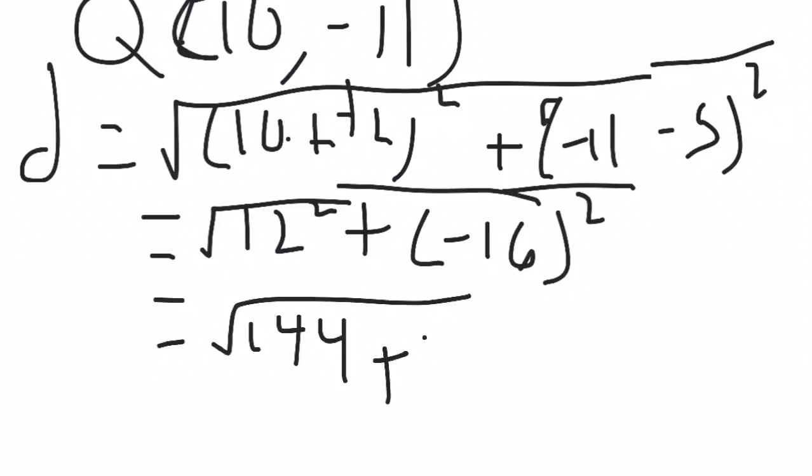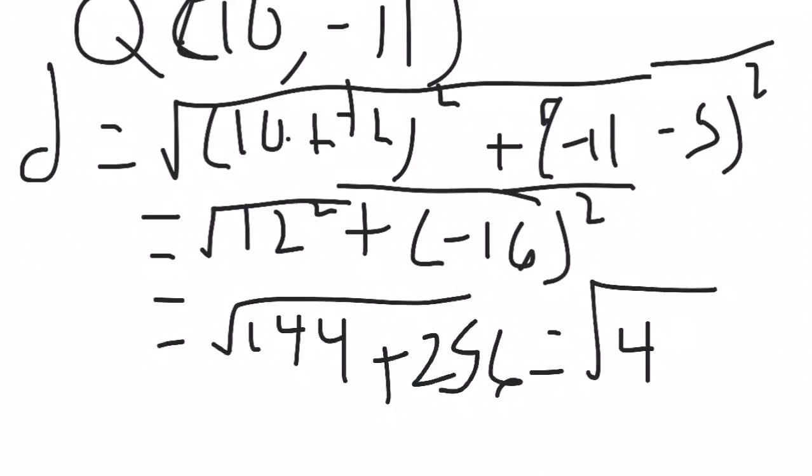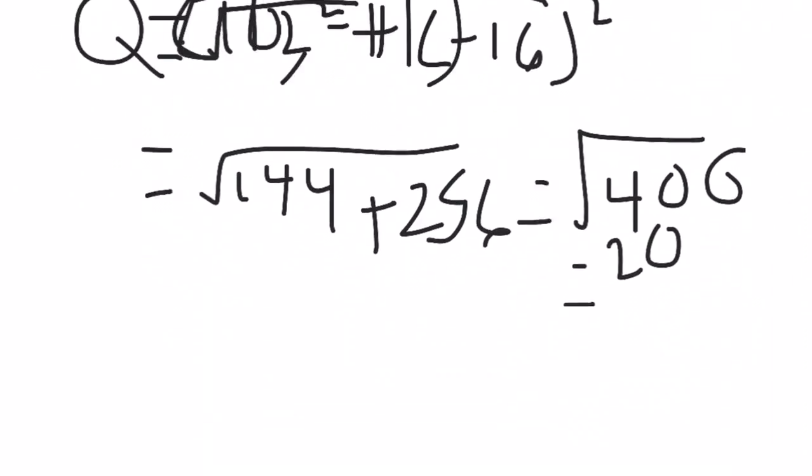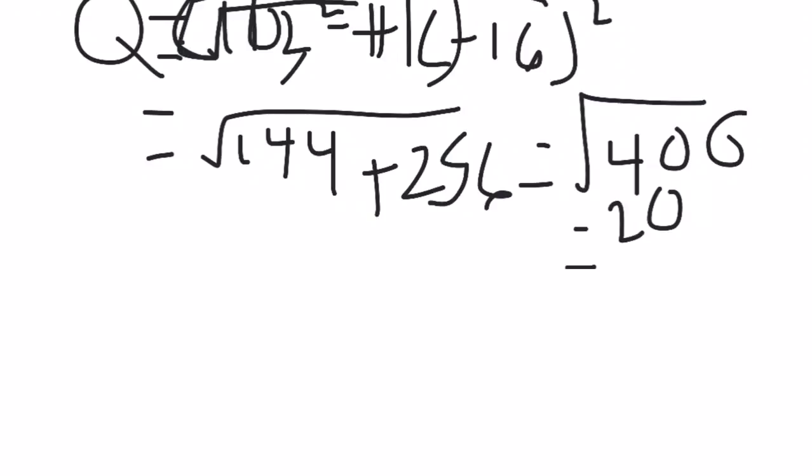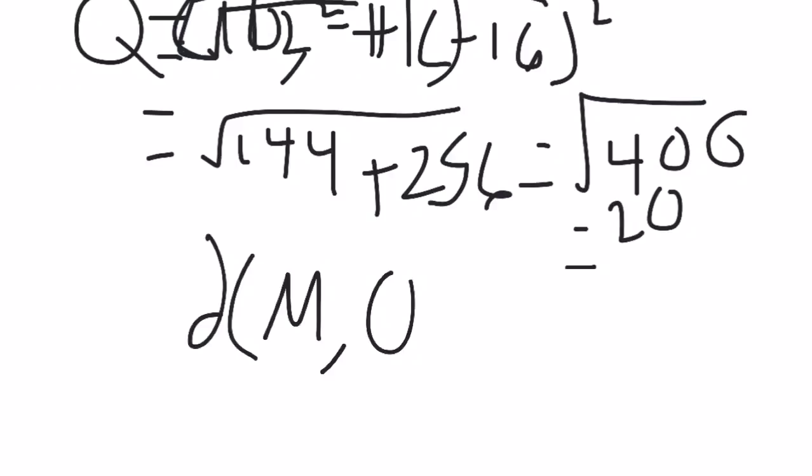So it'd be 256. And that'd be equal to the square root of 400, which would be 20. So the distance from M to Q is 20.